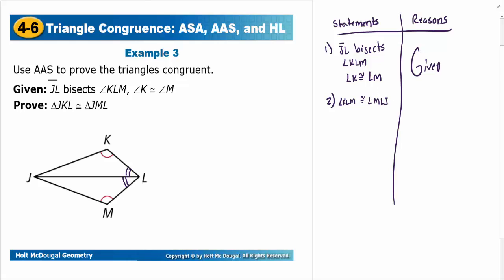Again, you should know this by now. If I say this is bisecting the angle, we can say the angles are congruent. I've been doing that since chapter 1. So this is going to be your definition of angle bisector.